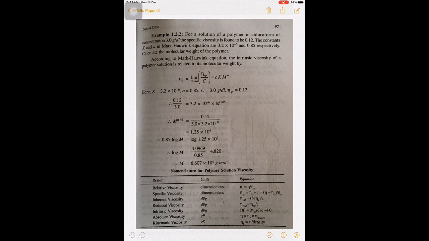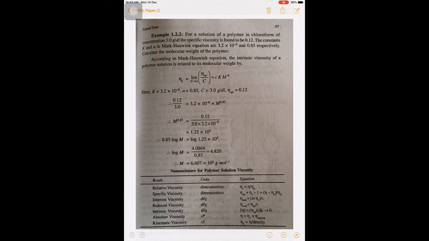By use of the Houwink equation we can calculate it using eta I is equal to the limit as c tends to 0 of eta sp upon c. We also know the equation eta I is equal to k M raised to a.